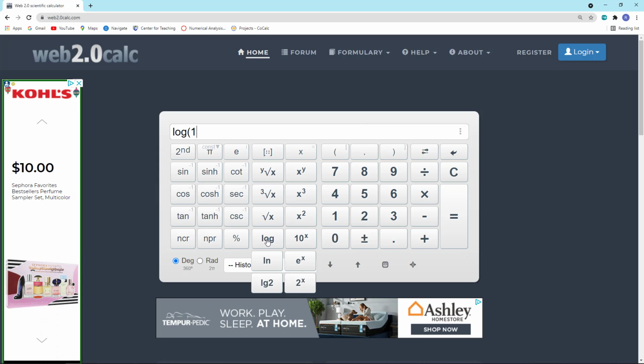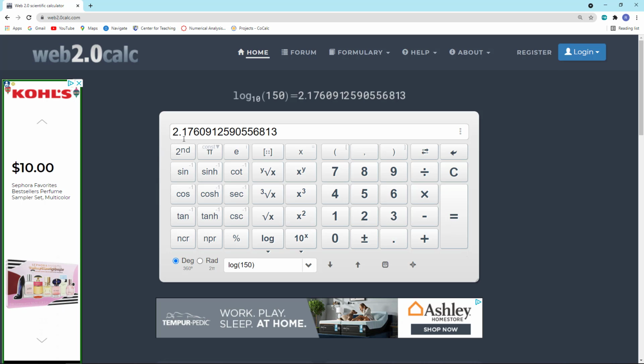I'm going to type in 150, and then I want to close the parenthesis and then hit equal, and I will get this number. Now, since I want the answer to be accurate to 4 decimal places, I'm first going to look at the first 5 decimal places.